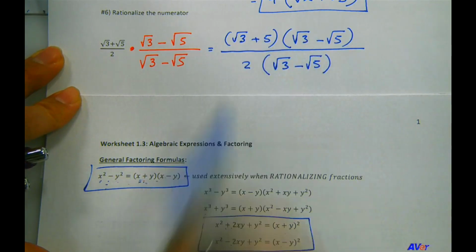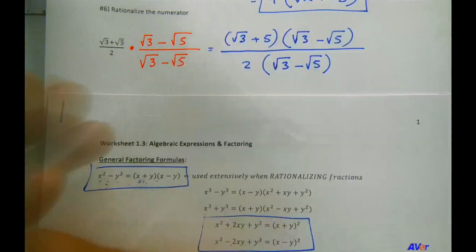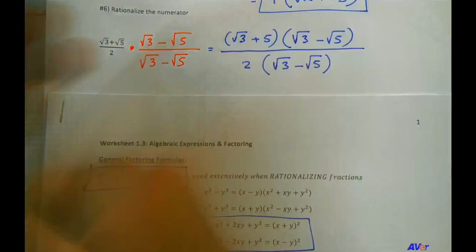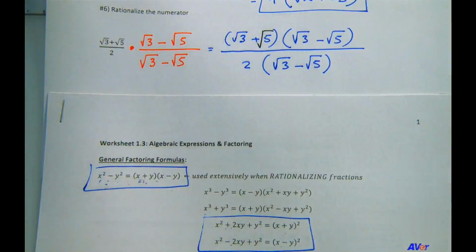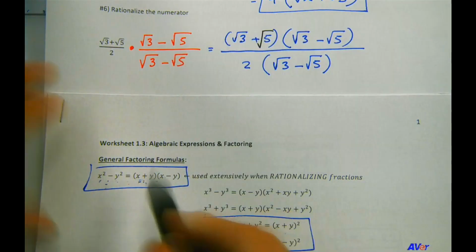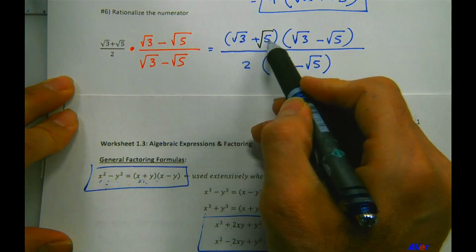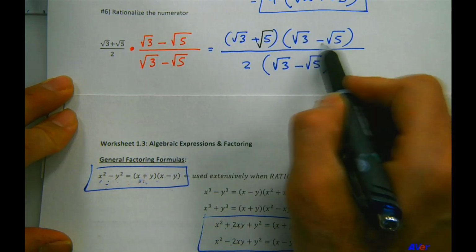x plus y, let me correct this. So this should be square root of 5. Okay, (x plus y) is square root of 3 plus square root of 5, times (x minus y) is square root of 3 minus square root of 5.